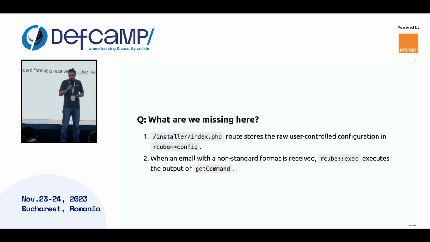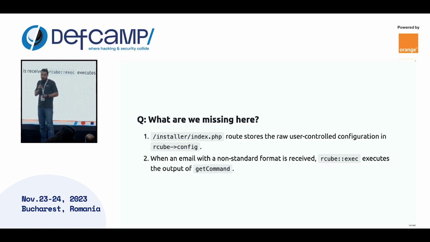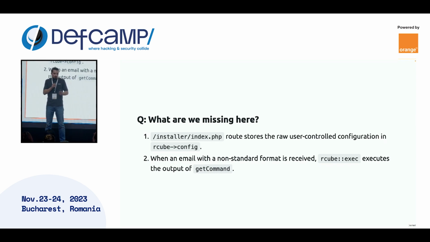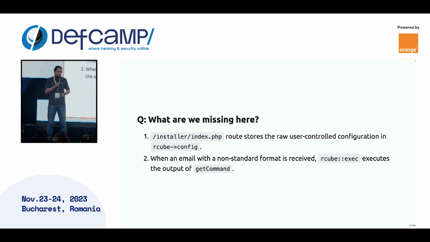Another step in this workflow that I want to present is the following. A person sends you an email that contains a non-standard image, and Roundcube will try to convert the image into JPEG. For example, if you send a TIFF, that TIFF will be automatically converted into JPEG.